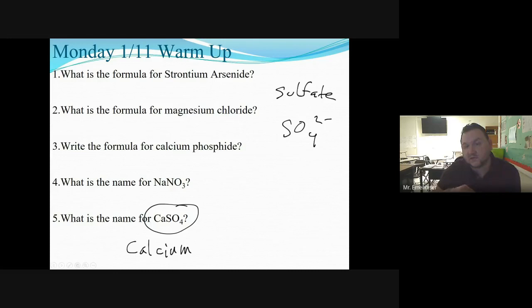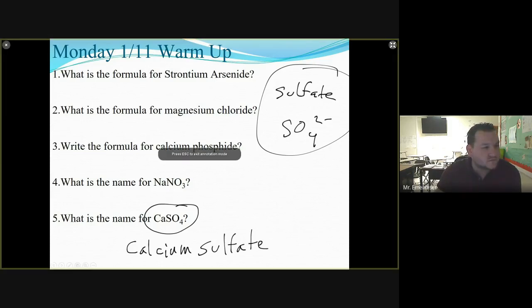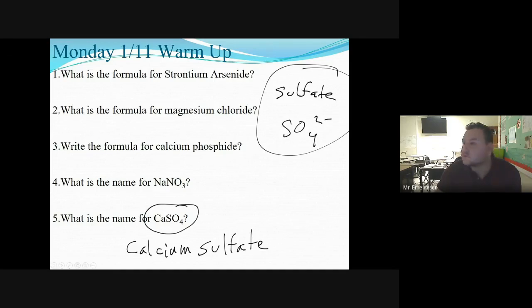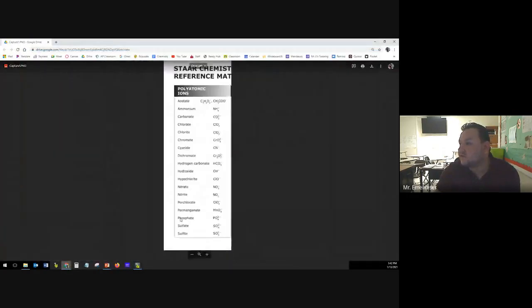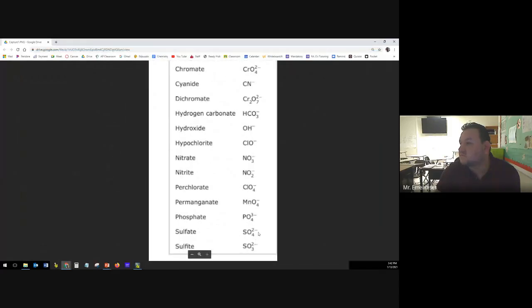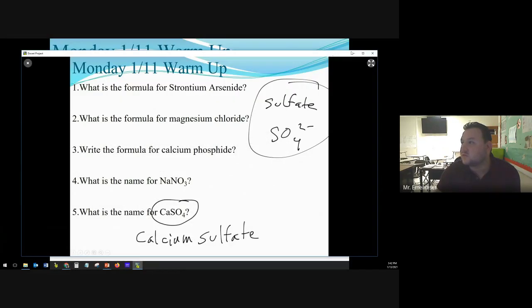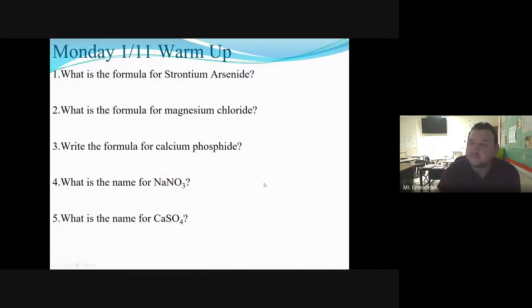So if you switch over to your polyatomic list, you'll see sulfate. I think it's spelled with an F. Let me double check that. Why is this not popping up? Oh, here we go. Sulfate. There's sulfate right there. 1 sulfur, 4 oxygens, and a -2 charge. Okay. So calcium sulfate. All right, halfway there with the warm-up.